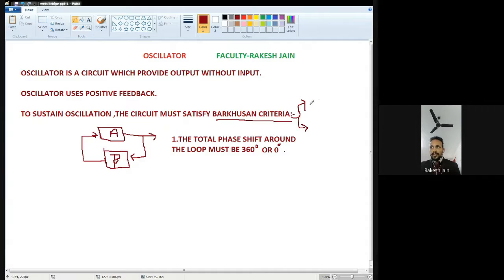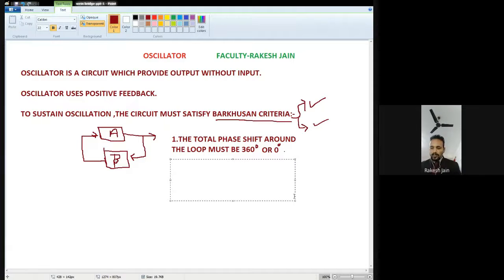This is one criterion for the Barkhausen, and the second criterion, these two together, is known as the Barkhausen criterion. The total loop gain must be equal to or greater than unity for proper oscillation.